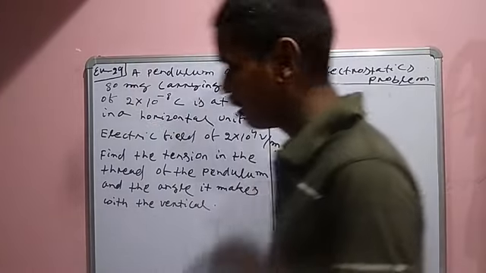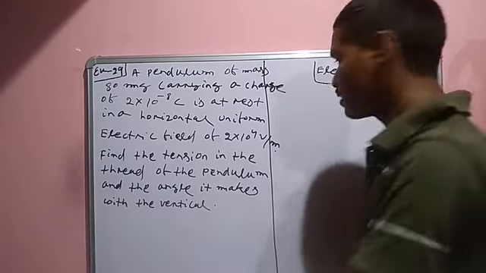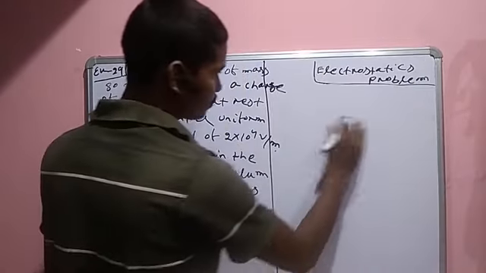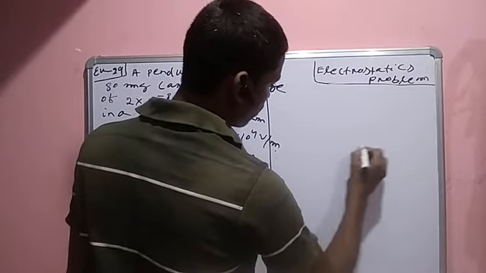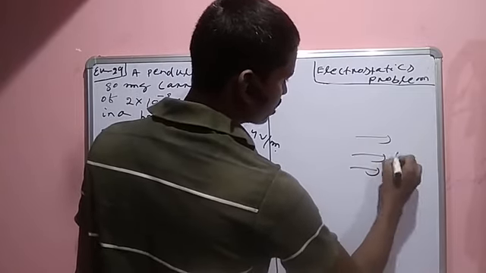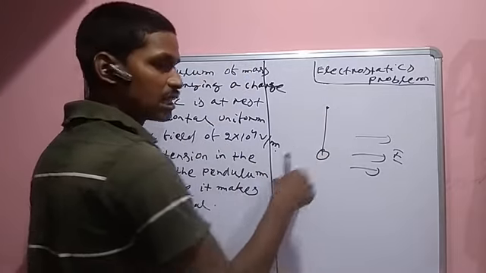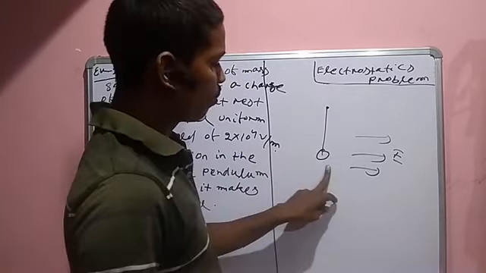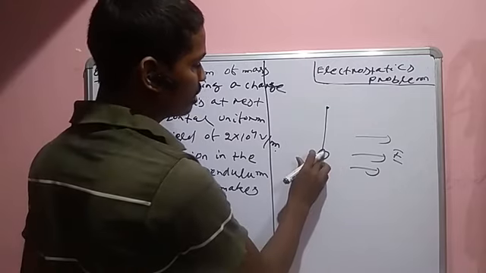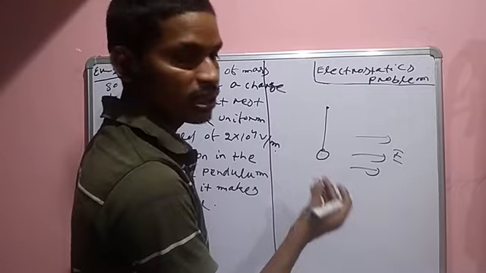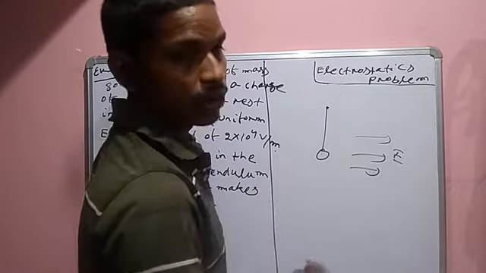Here we already know from the theory class, when our pendulum, the electric field is in this direction. Suppose pendulum is here, it has no charge, then its position is vertical downward position.